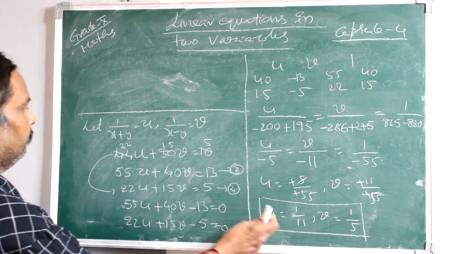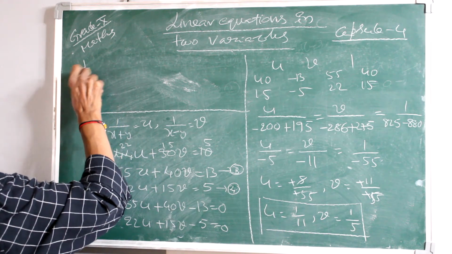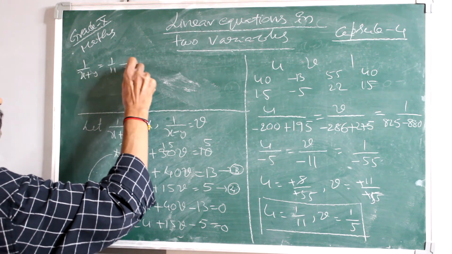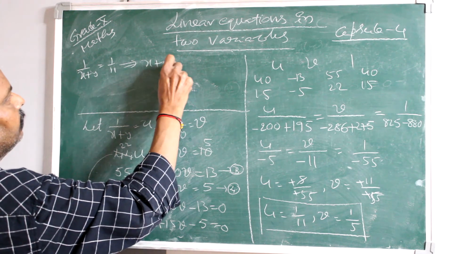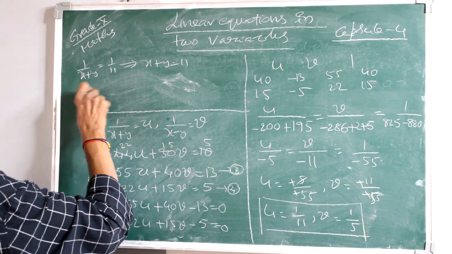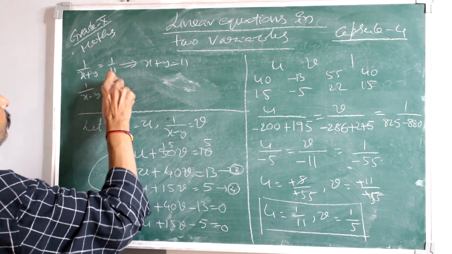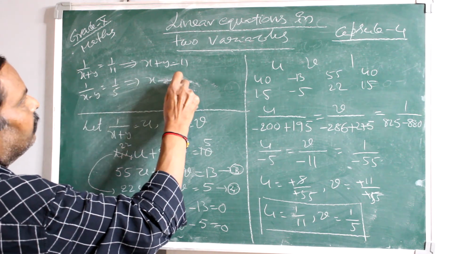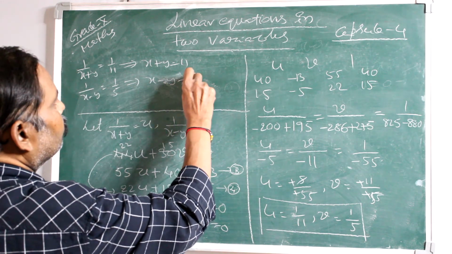Let's substitute here. 1 by x plus y is equal to 1 by 11, this implies x plus y is equal to 11. 1 by x minus y is equal to 1 by 5, this implies x minus y is equal to 5.